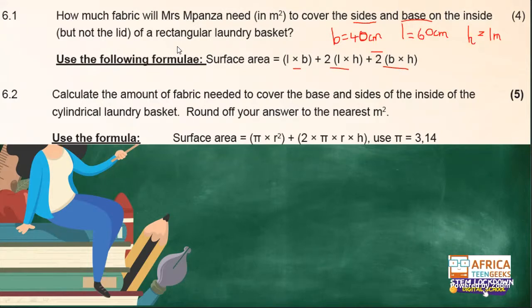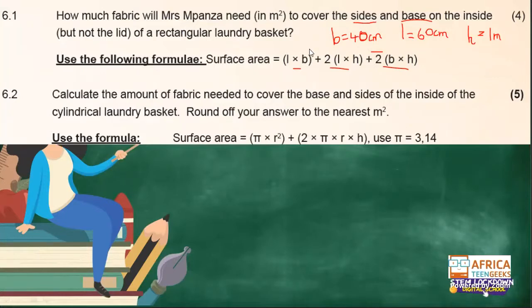Okay, 1 more minute for number 6.1 because I don't have an infinite amount of time. But as soon as you get your answer, feel free to write it in the chat.